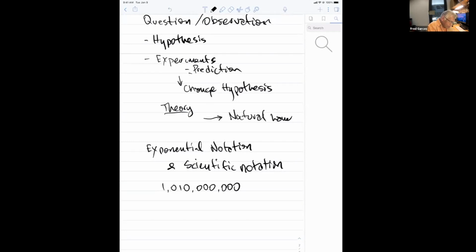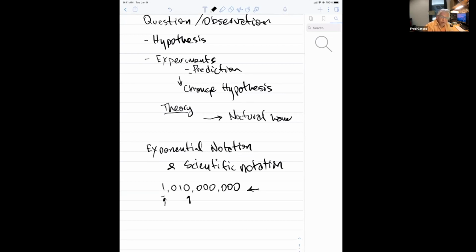So this is 1 billion, 10 million. This is basically 1,010 million. That's that number. Okay, this is the million place. This is the billion place. If you try to put this in your calculator, you're going to run out of room.